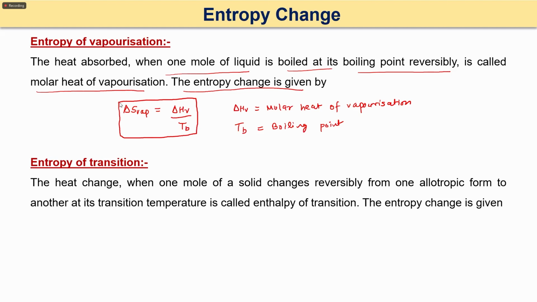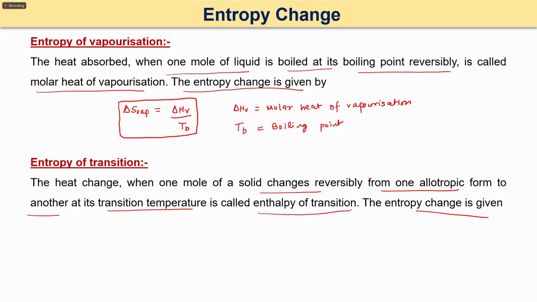So the entropy change you can calculate using this equation. Now what is entropy of transition? The heat change when 1 mole of a solid changes reversibly from one allotropic form to another, at a temperature called the transition temperature, is called the enthalpy of transition.